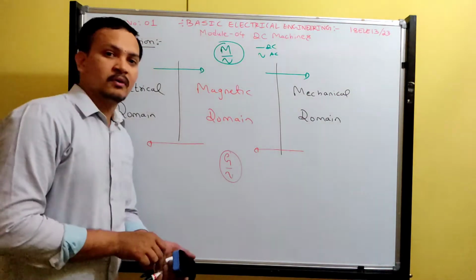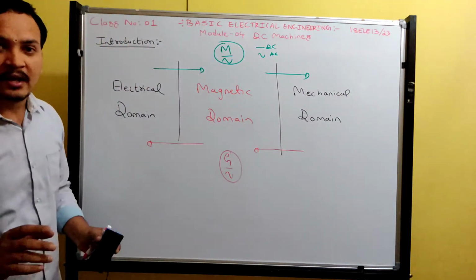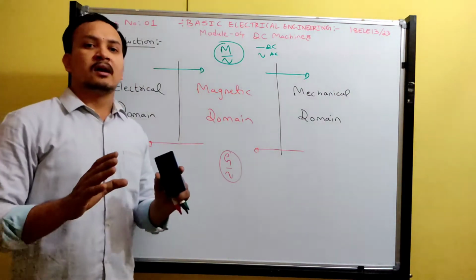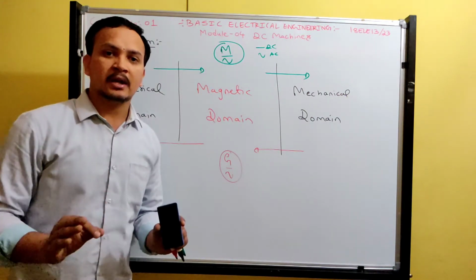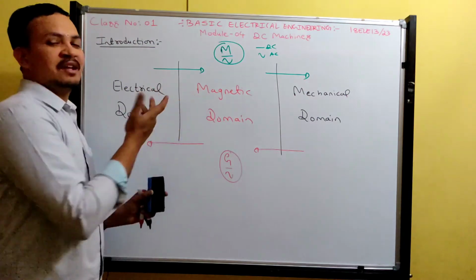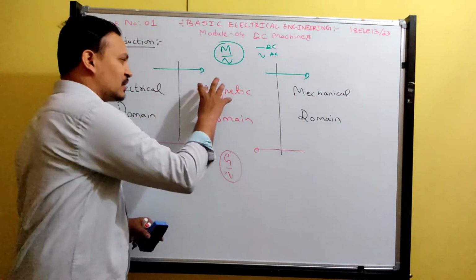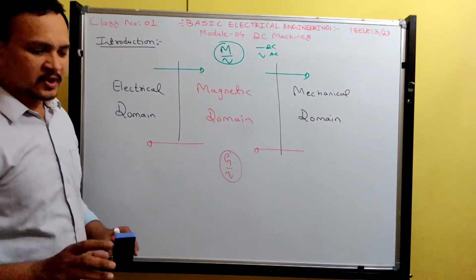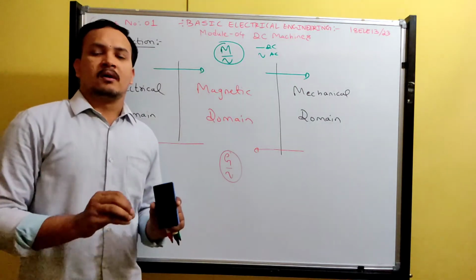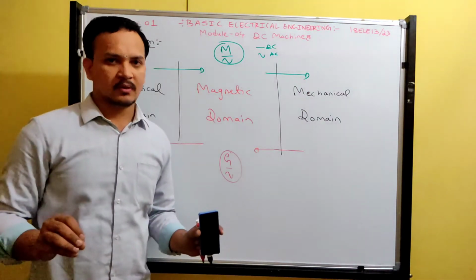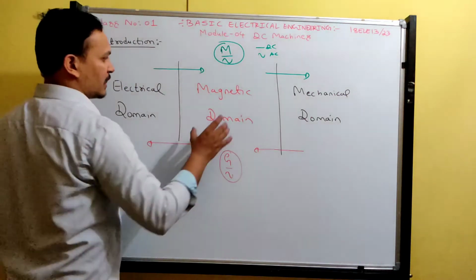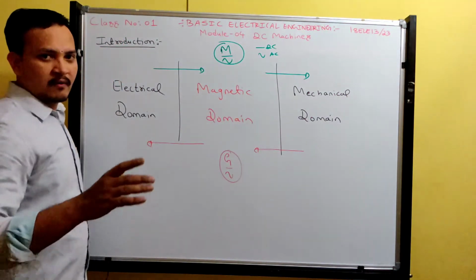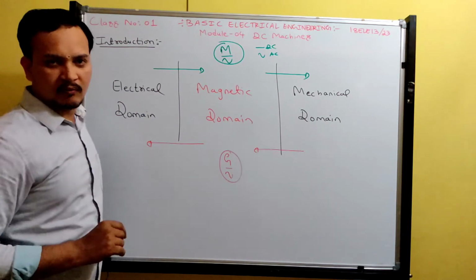Therefore, we can conclude that all electrical machines operate on electromagnetic induction, because without a magnet as a medium, you cannot have energy conversion. Got it? In a transformer, the magnetic domain will act like a flux path between the windings.